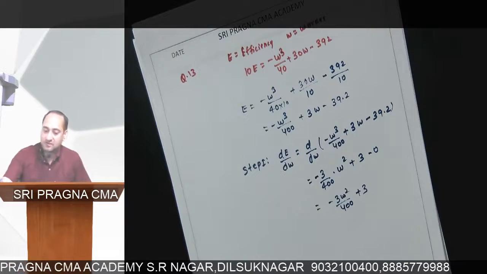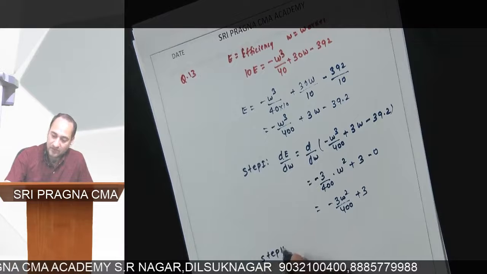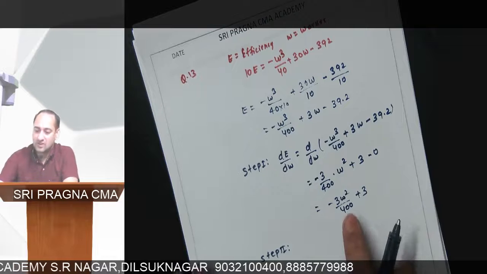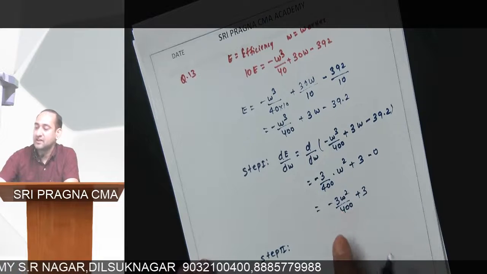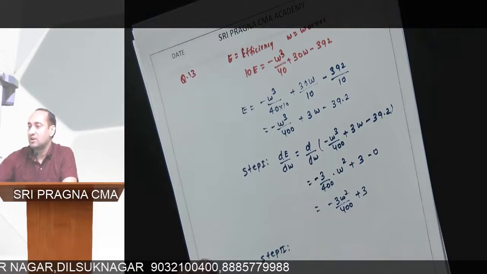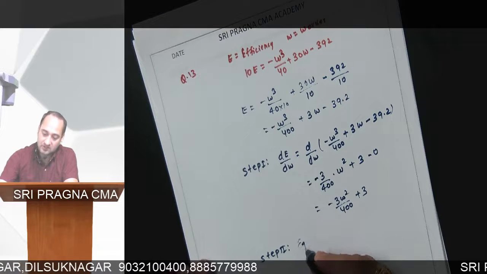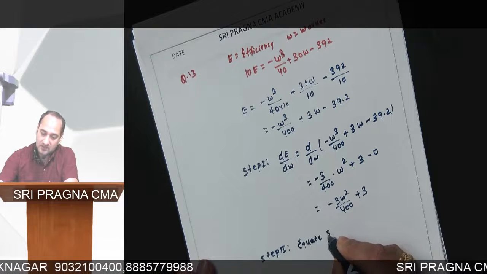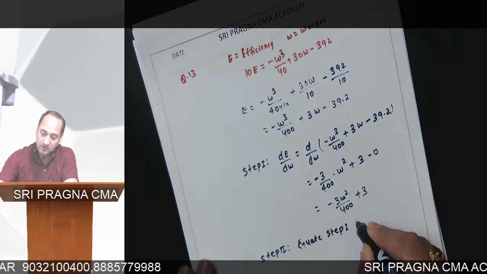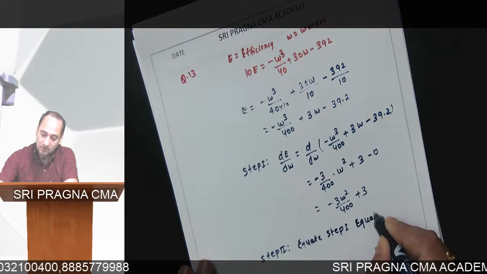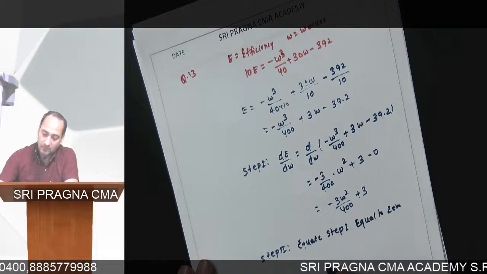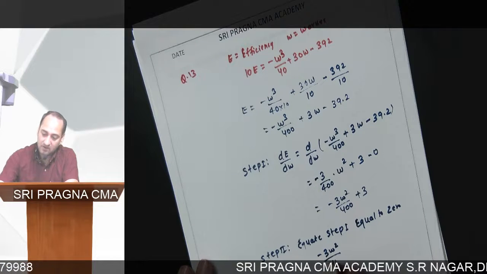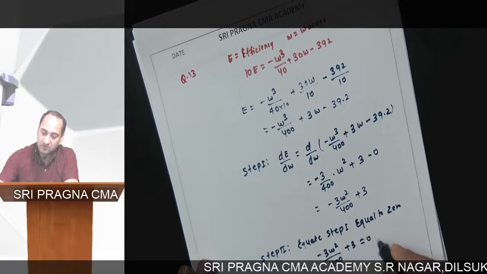Comfortable? Now step number 2. Whether it is x or W does not make any sense; if you have the concept, you can do any sums. Now I need to equate step number 1 to 0. So minus 3W square by 400 plus 3 is equal to 0.